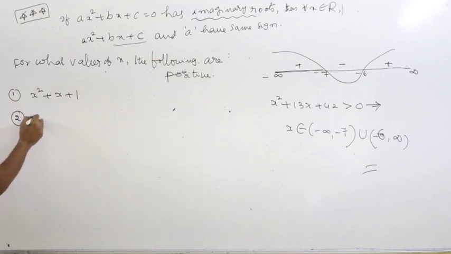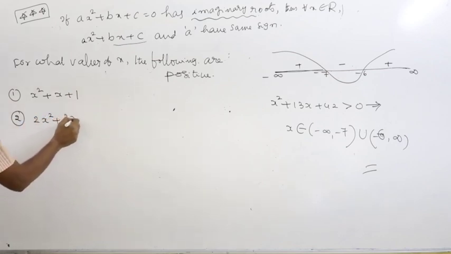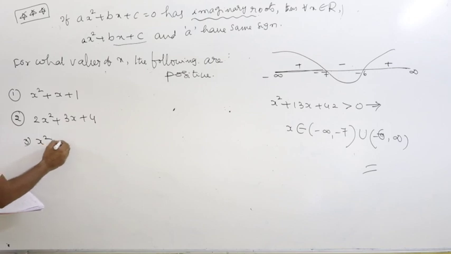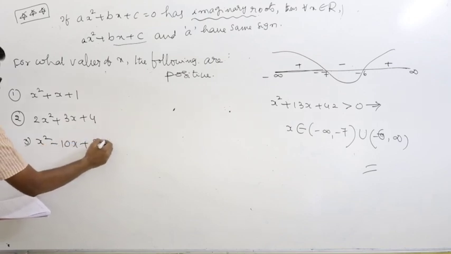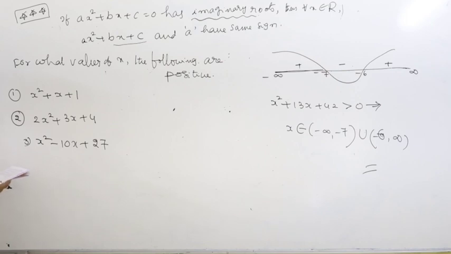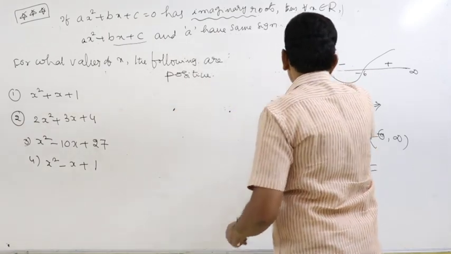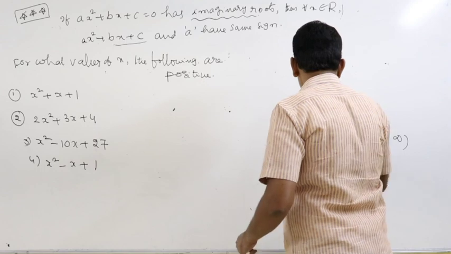Second one, 2x square plus 3x plus 4. Third one, x square minus 10x plus 27. Fourth one, x square minus x plus 1. For what values of x are the following expressions positive?